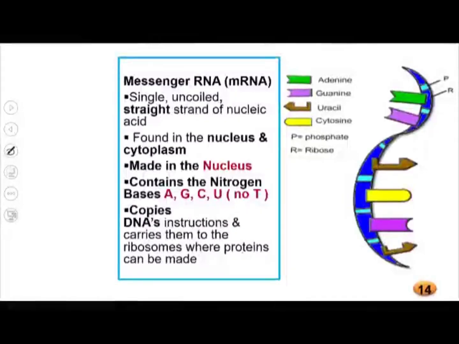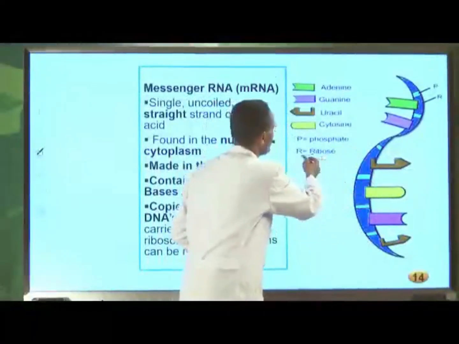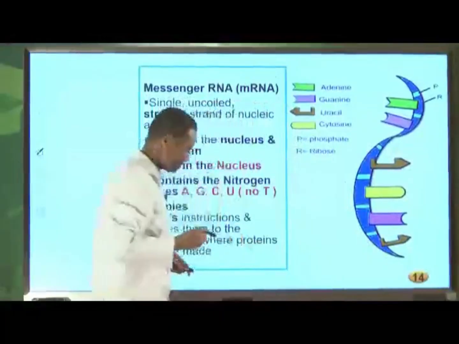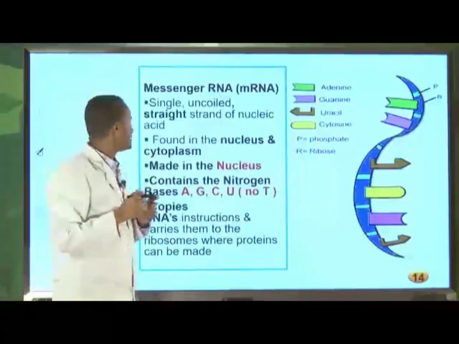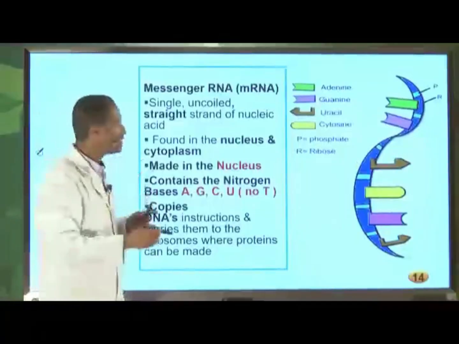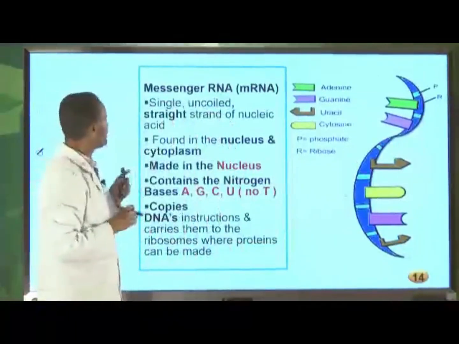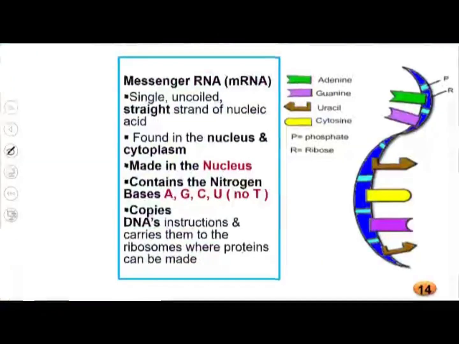Also, they contain uracil and cytosine. The other portion is made up of the ribose sugar and the phosphate group. Messenger RNA has a single-strand structure. This single strand is uncoiled. It is a straight strand of nucleic acid.